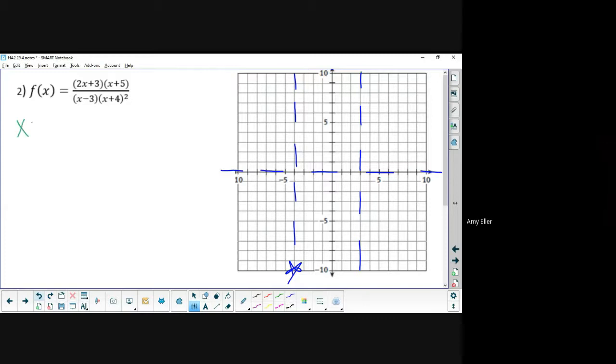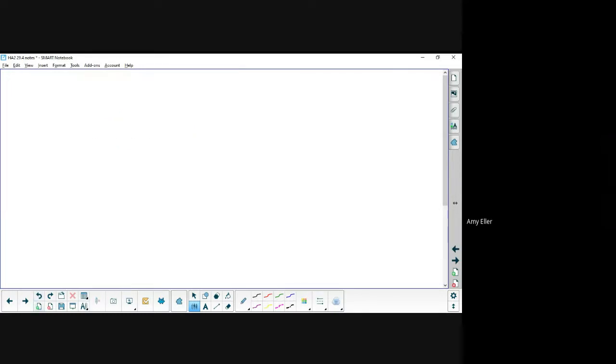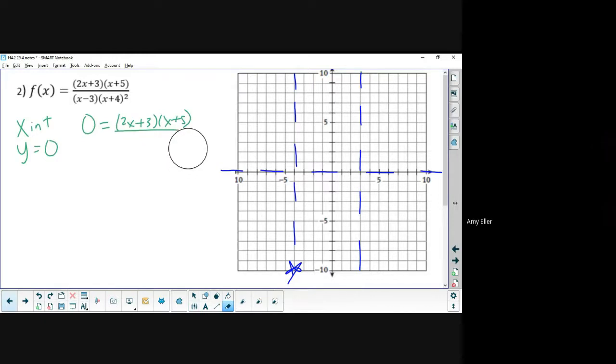Intercepts. X-intercept means y equals 0. Did you remember it only has to be the top? If you forgot, okay, we'll do all of it. Here's y. It only has to be the top. If I were to multiply across, this would be 1 times 0. Do I want you to distribute that out and put it in standard form?